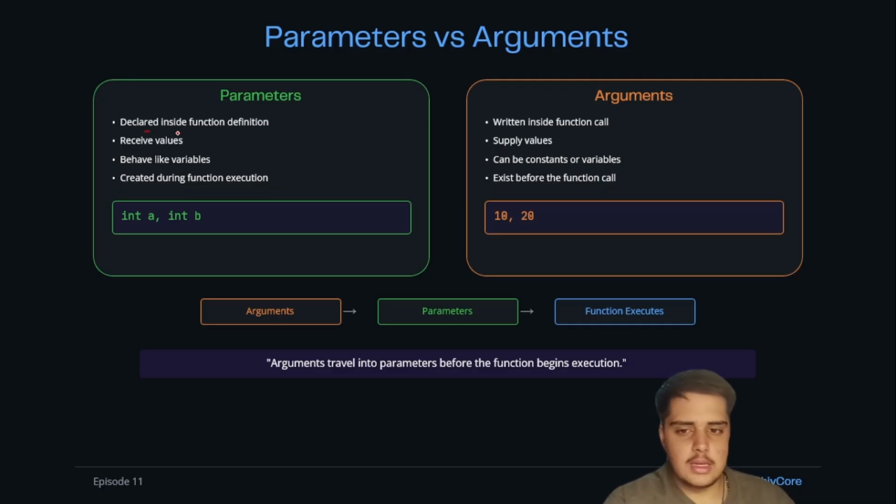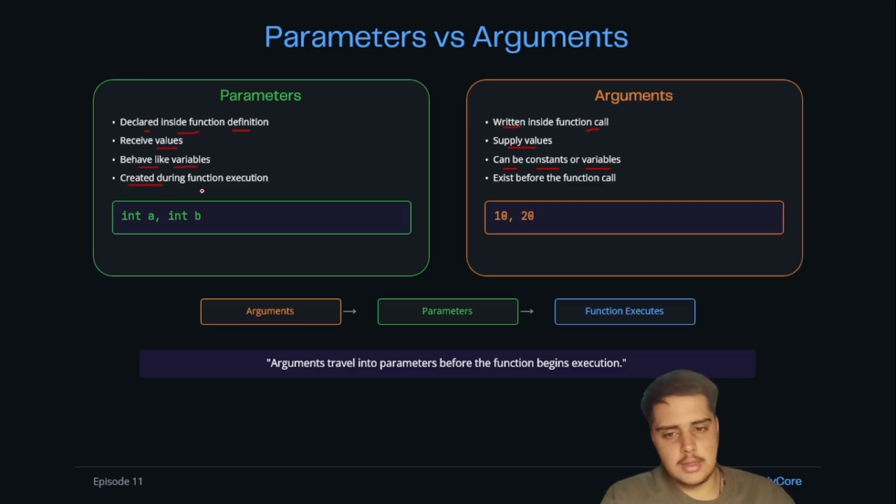Parameters are declared inside the function definition while arguments are written inside the function call. Parameters receive values, arguments supply values. Parameters behave like variables, but arguments can be constants or variables.